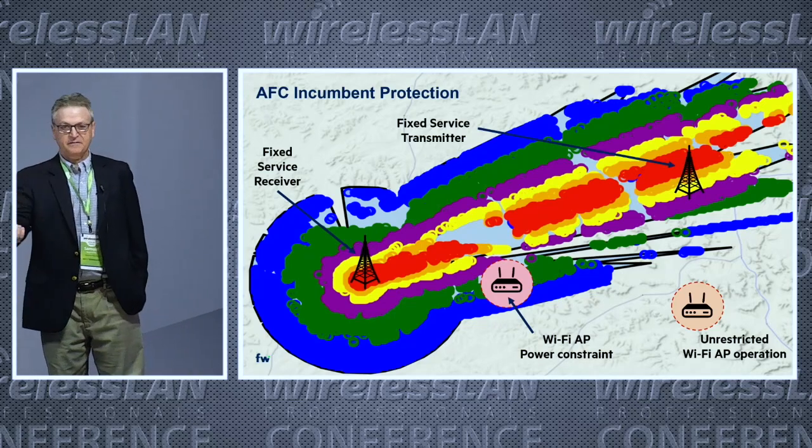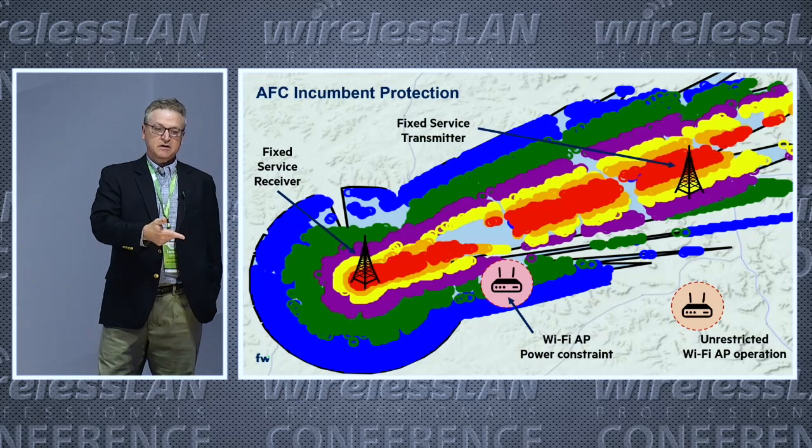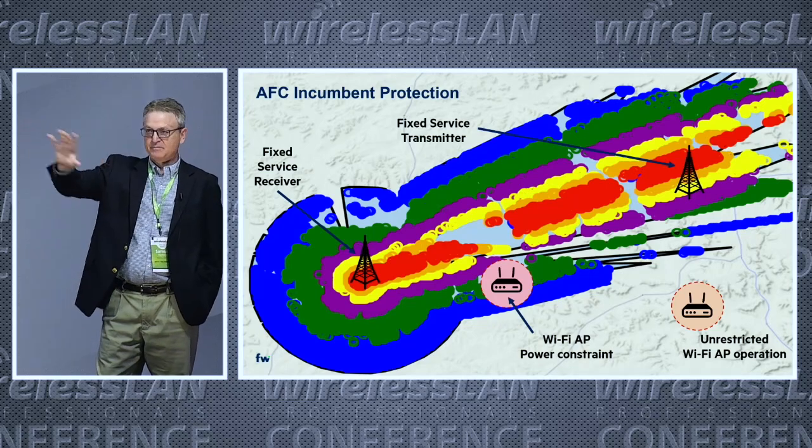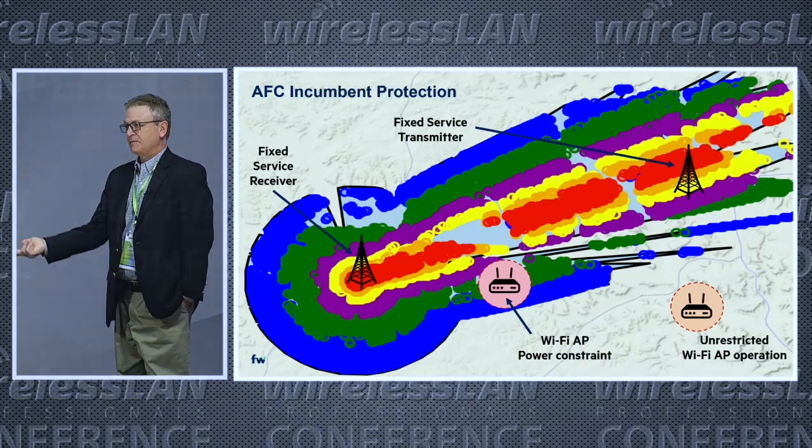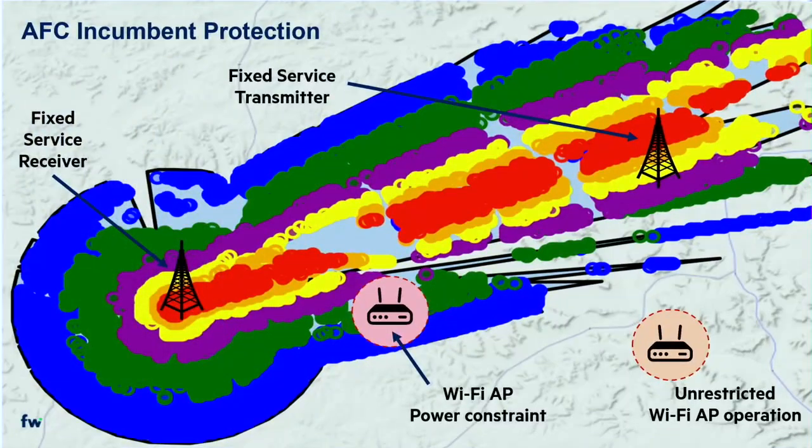In particular, if it's close to the receiver, and perhaps in its bore site, it's going to be constrained the most, and that's shown here by the red points. Whereas if it's out towards the edge of the contour, it may not be that much constrained, maybe 2 or 3 dB, and that's shown by the blue points.